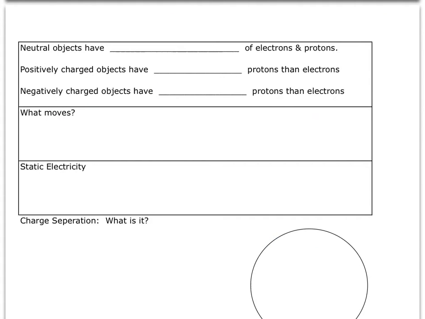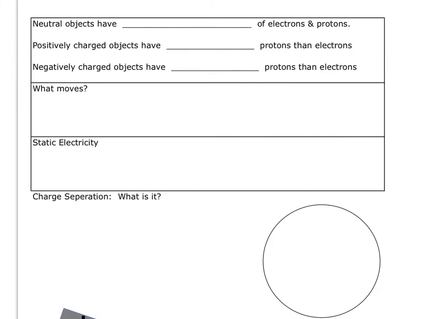Okay, so moving on, just a few summary notes then. Neutral objects have equal number of electrons and protons. Positively charged objects have more protons than electrons.